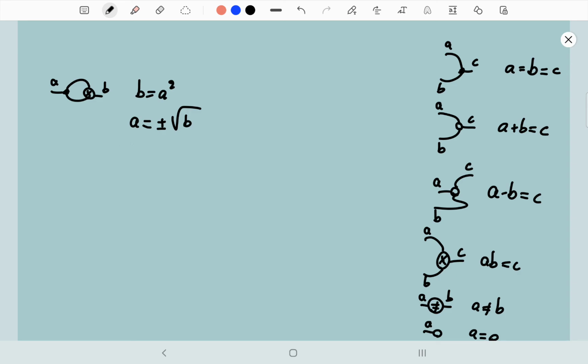But if I just say, well, let's also ask that A is bigger than zero, then this equation here is also this one. And so if I wanted to define some kind of square root operator, I could simply define it as this thing, but the other way. So it would be this, this. Here we go. Square roots.